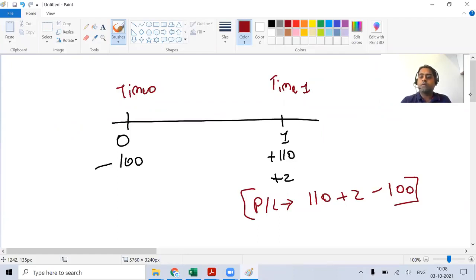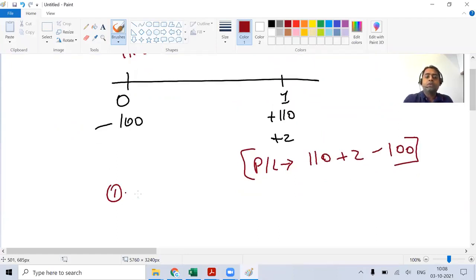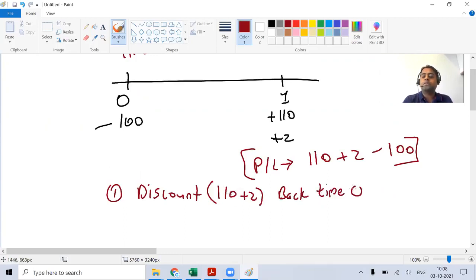The first way would be to discount this 110 and 2 back to time 0. When we are subtracting and identifying profit or loss, both the data points are at different times, so it is not correct, because from a time value perspective, both are not the same. That is the reason we are looking for some adjustment.